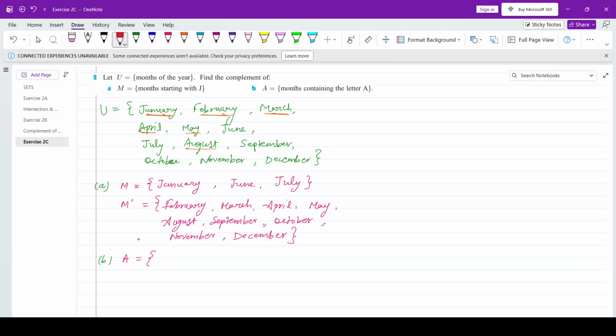Set A will be January, February, March, April, May, and August.